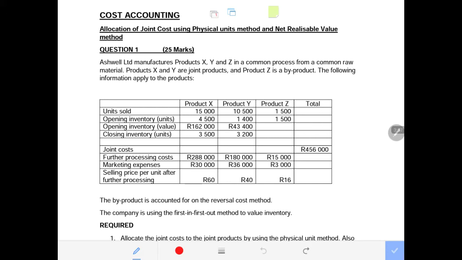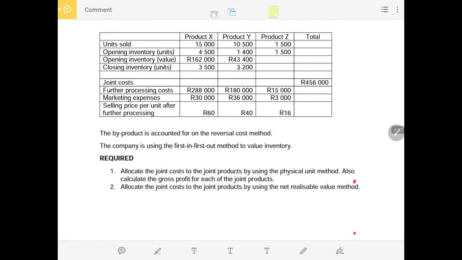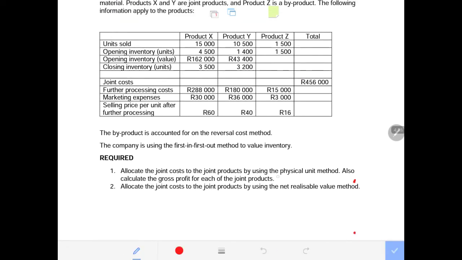Now we are given joint costs, the total amount of joint cost, which is not allocated per product. Why? Because we still need to allocate the amount of the joint cost using our physical method, and also using our net realizable value method.